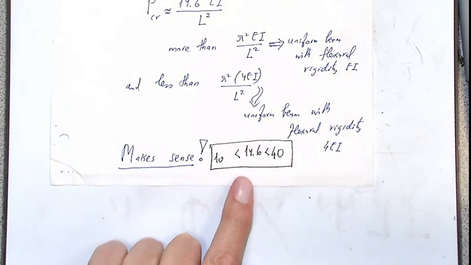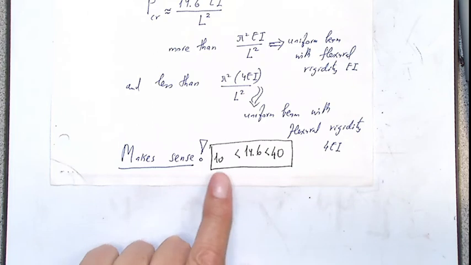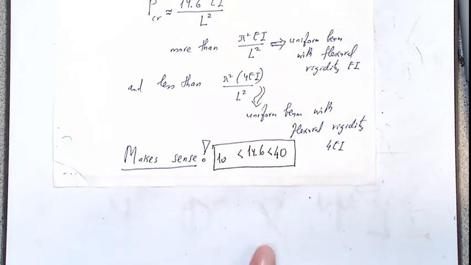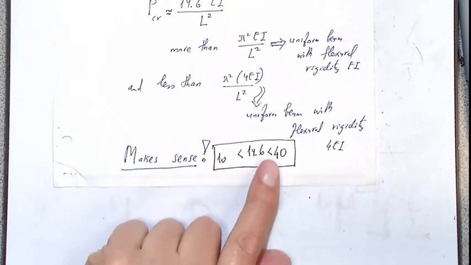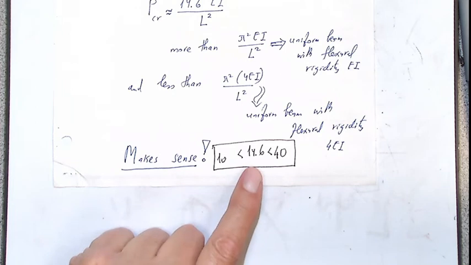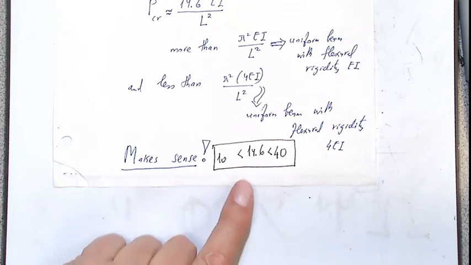But please don't say that that is 10 plus 40 divided by 2, which will be 10 plus 40 is 50 divided by 2 is 25. 25 is far away from 14.6, and 25 is not on the safe side.